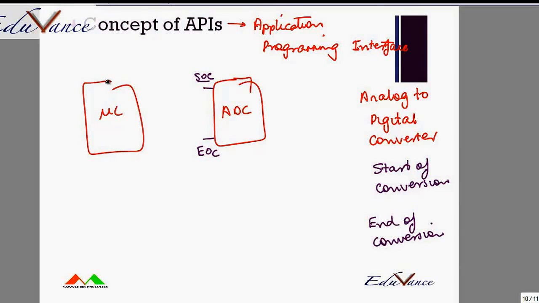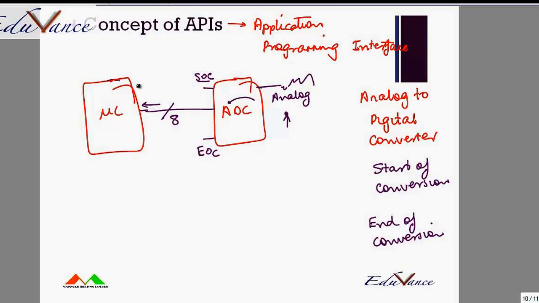So if as a microcontroller I would want to interface with an ADC, the input for the ADC would be an analog signal and the output would be a data, let's say 8 bits. So my job is to sample an analog value, and then convert it to a digital data which my microcontroller can then read.